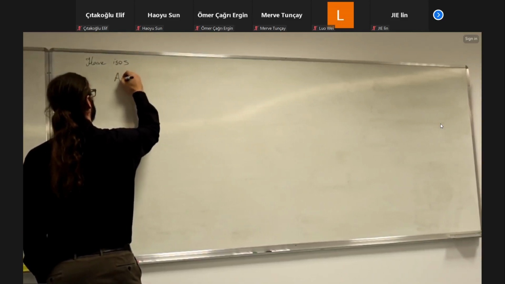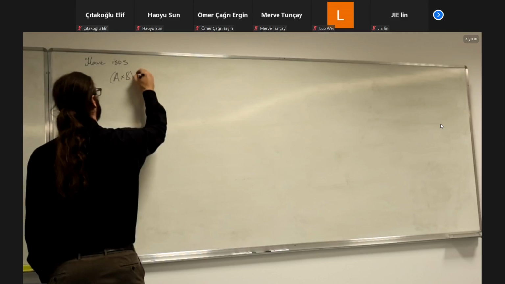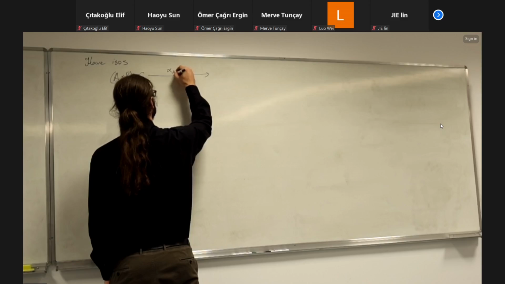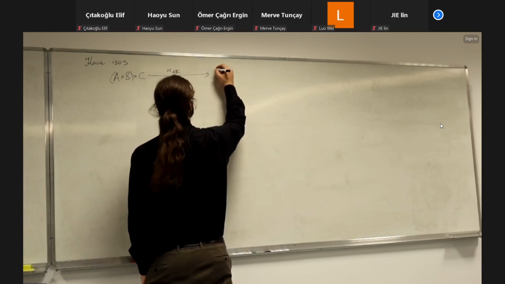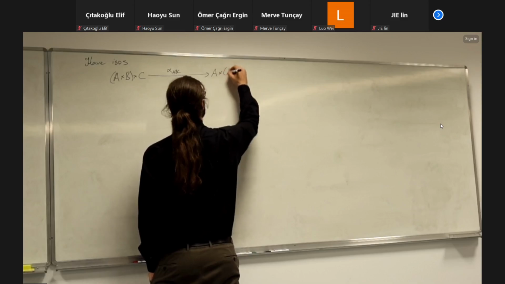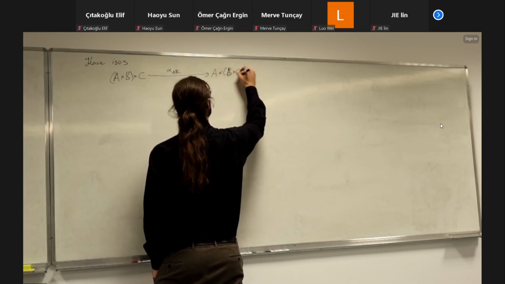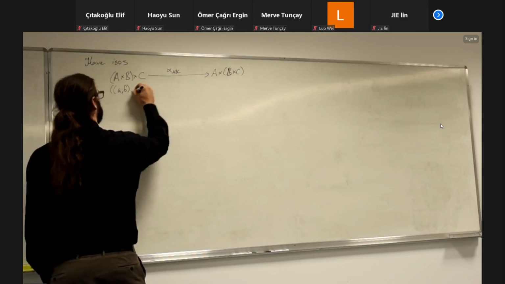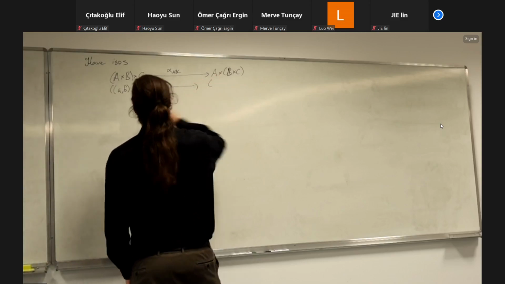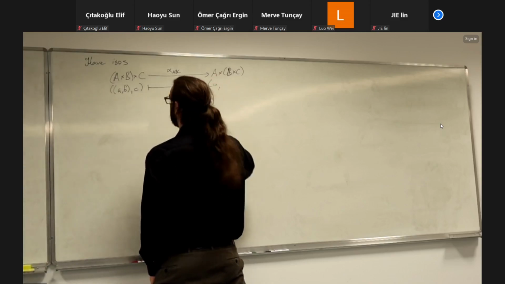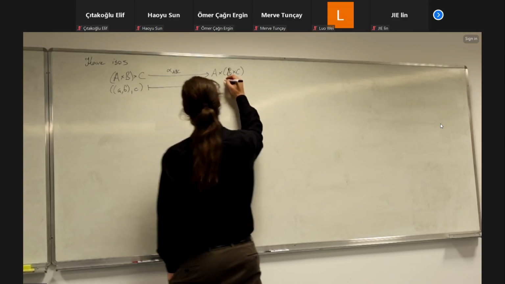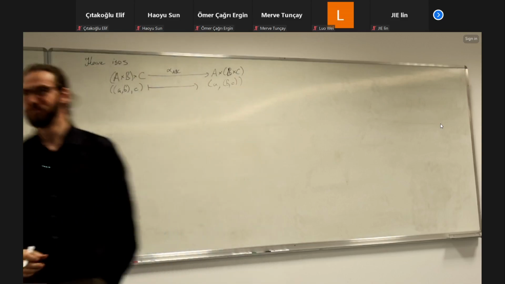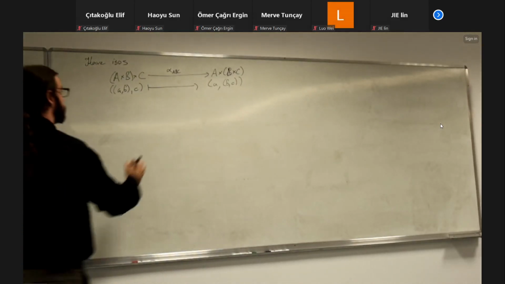So we have an isomorphism that I'm going to call alpha ABC. And this just does precisely what you'd expect it to. It sends a pair consisting of a pair and a single element to a pair consisting of a single element and a pair. Just moves the parentheses around.